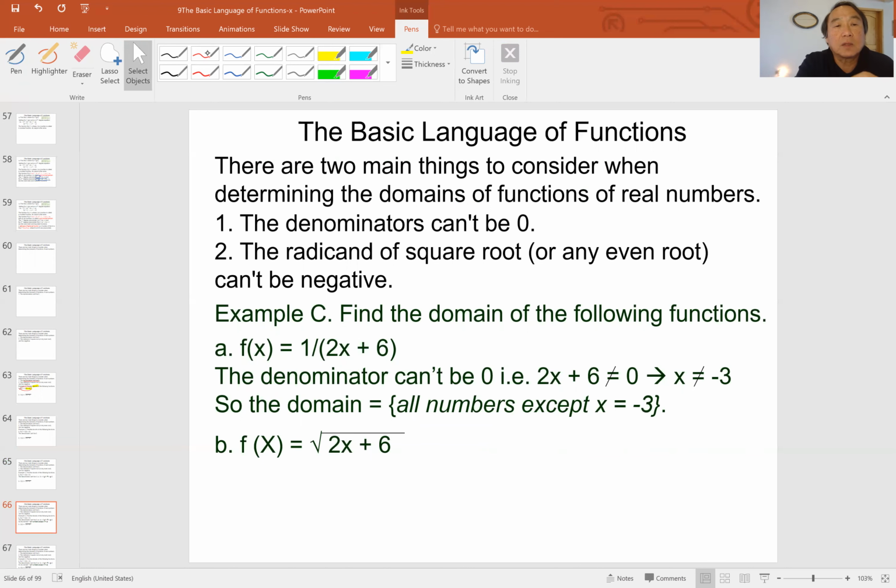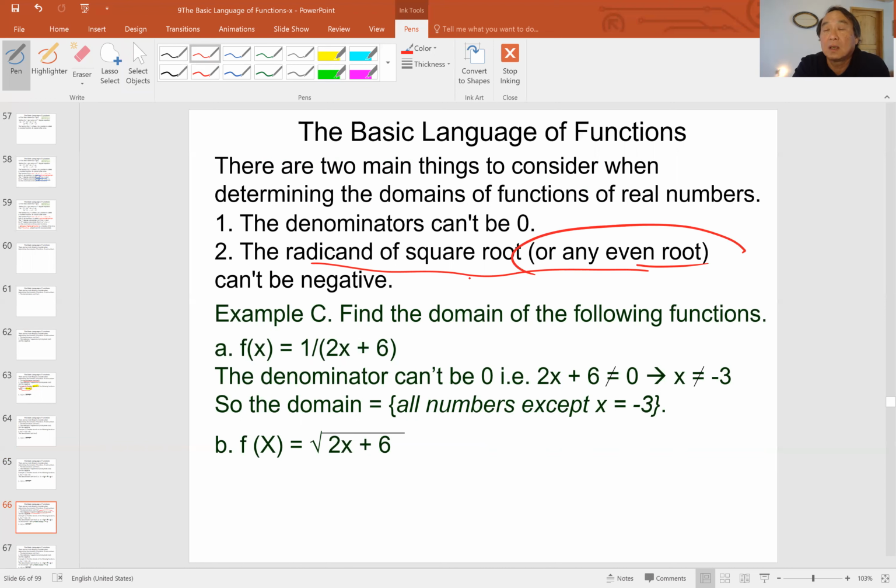And the other thing we will encounter quite often is a square root. You can only take a square root, or any even root, 4th, 6th, etc., of nonnegative numbers. An odd root has no problem. We can take odd roots, third root, fifth root, and so on, of a positive or negative number. That's fine. But with even roots you have to watch out.